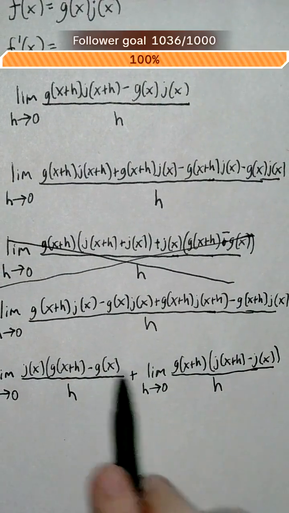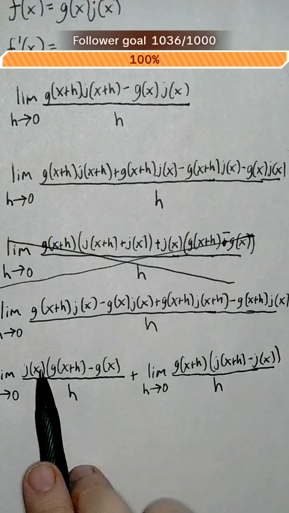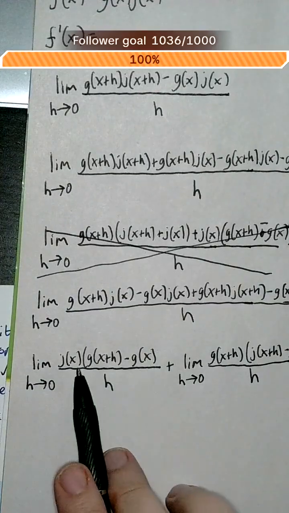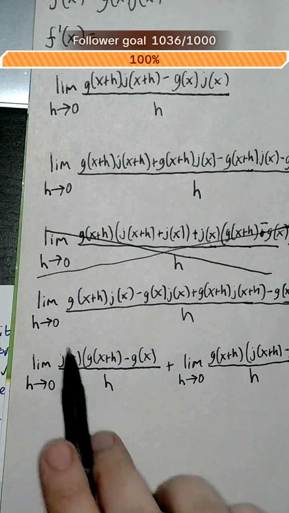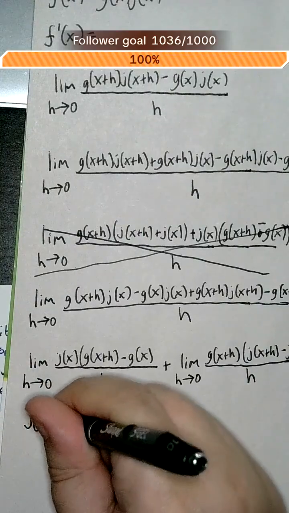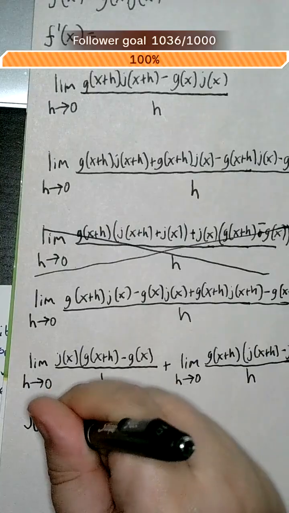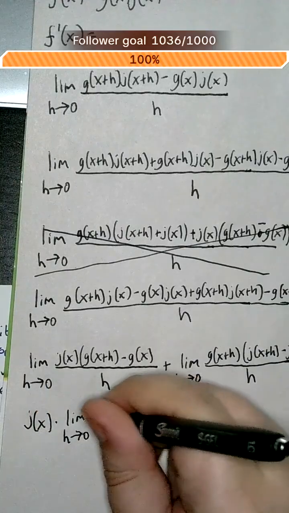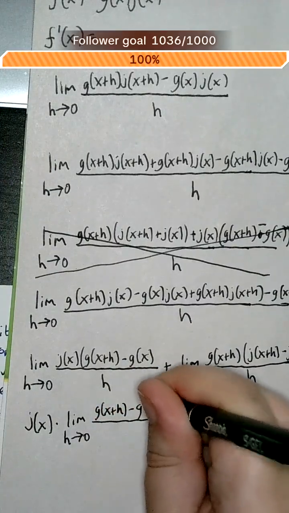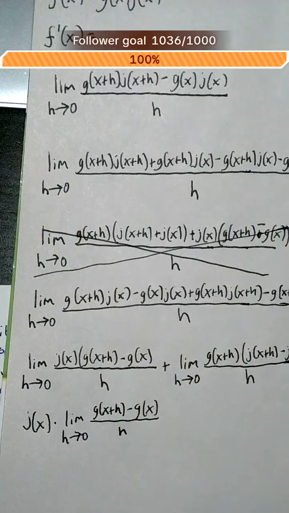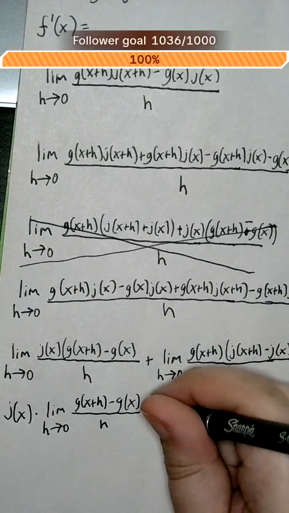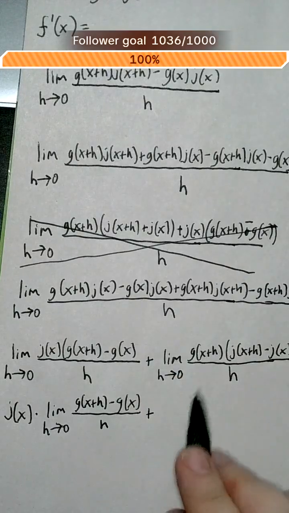So now I can treat these as two separate limits. I'm going to take this j of x, because I'm essentially multiplying it by this, and because there's no h in it, we can treat it as a constant, so I'm going to move it outside. So I have j of x times the limit as h approaches 0 of g of x plus h minus g of x all over h plus, well, what happens if I plug in?